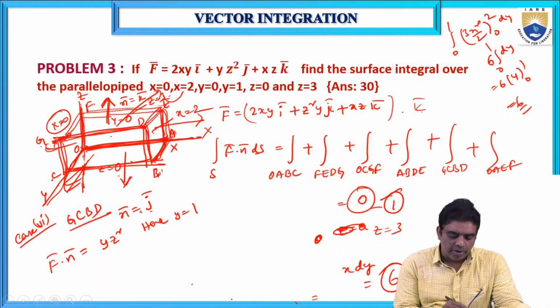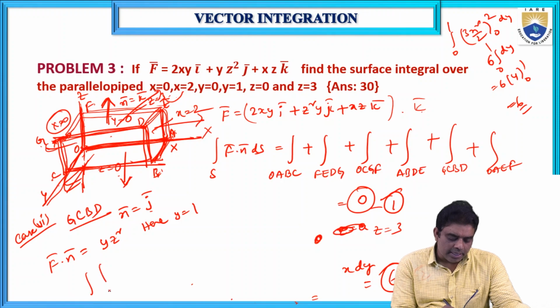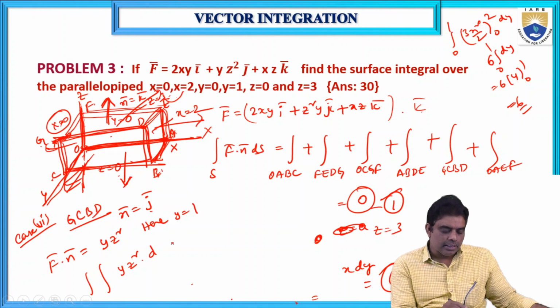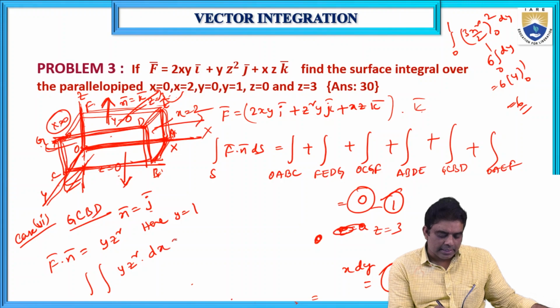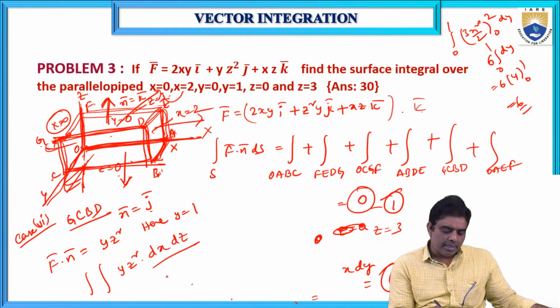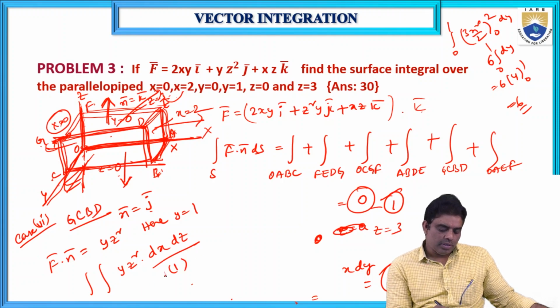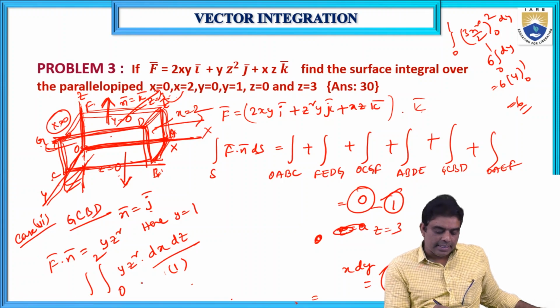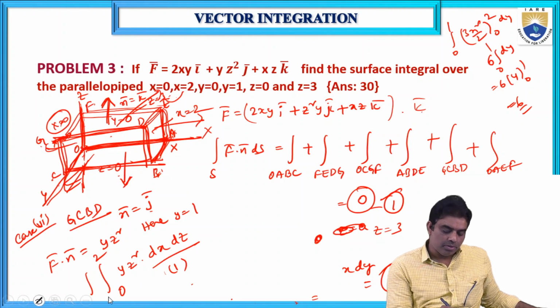So it is the double integral of yz square dx dz by the magnitude of n bar dot j bar, which is 1. The limits are x from 0 to 2 and z from 0 to 3.